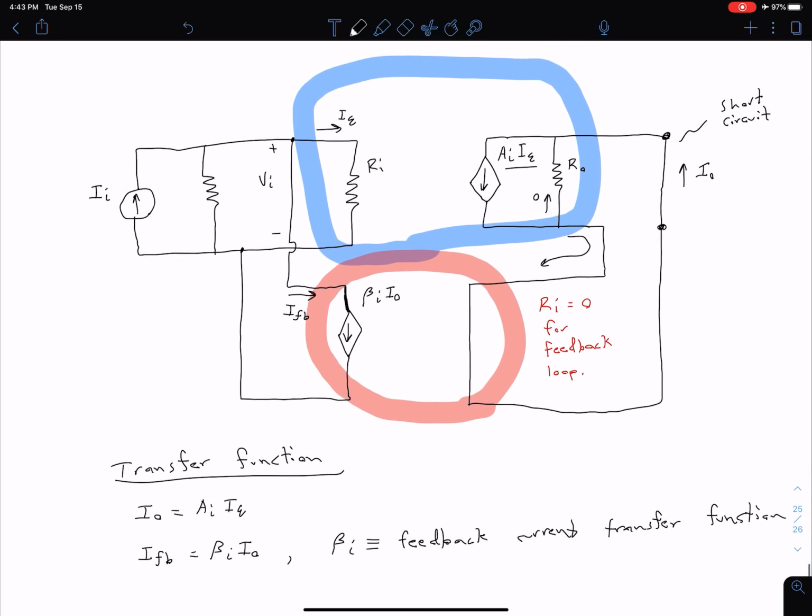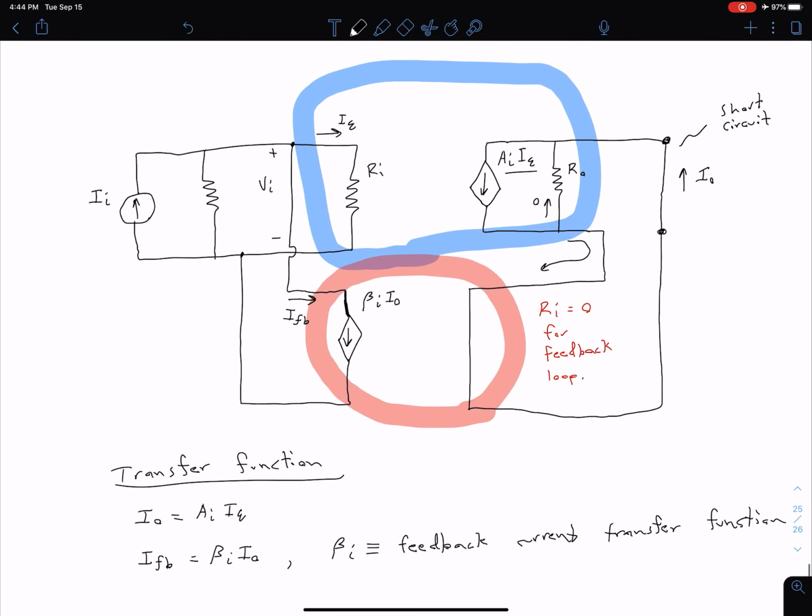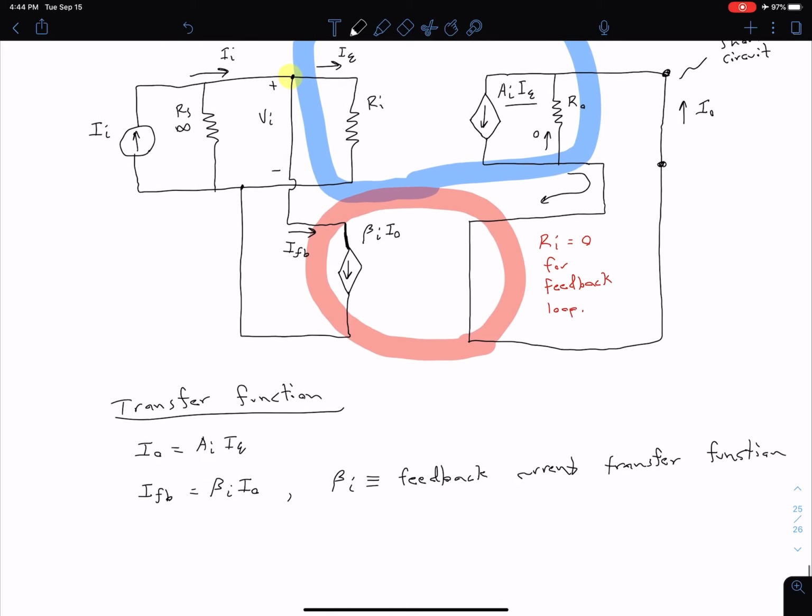Okay, we can also look at the relation between this feedback current and our input by looking at a KCL equation at this node here. I've forgotten to label this, but we have some R_s. For our initial derivation here, we're going to assume this R_s is infinite, so that we neglect it, and we have our input current coming this way, and then splitting into two parts, our feedback current and our error current.